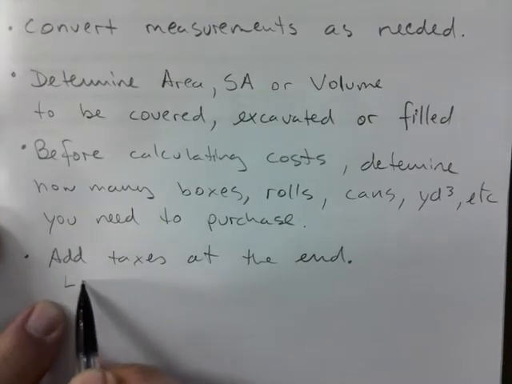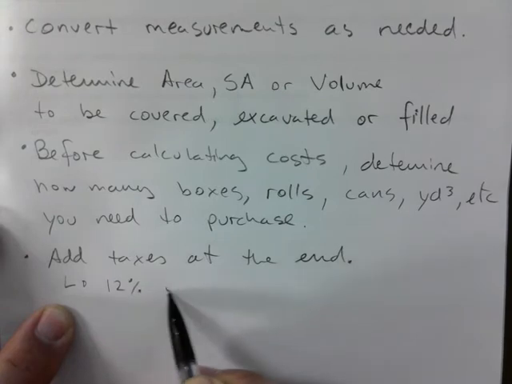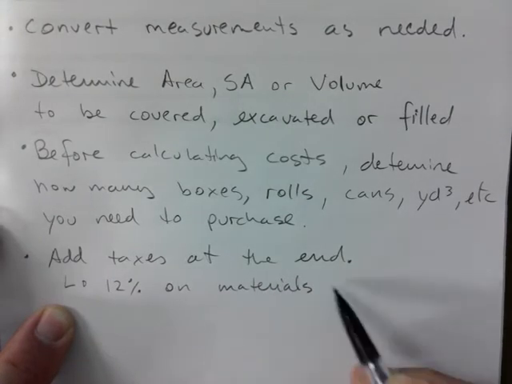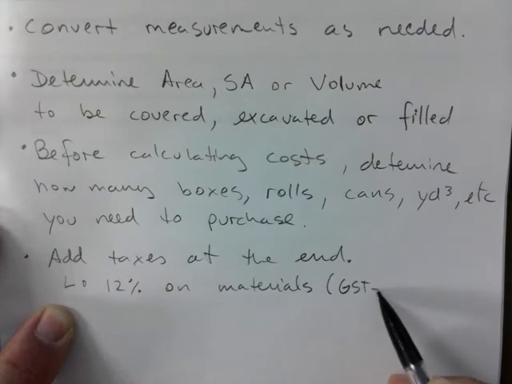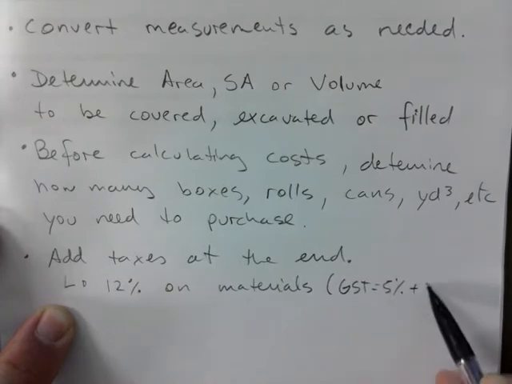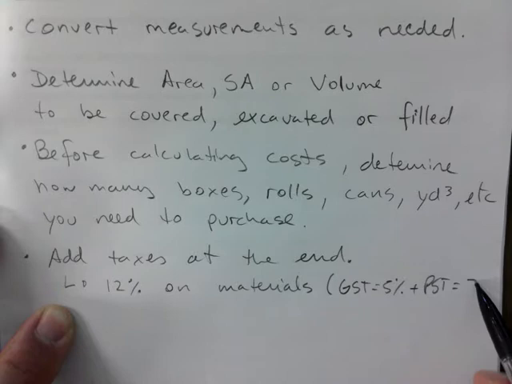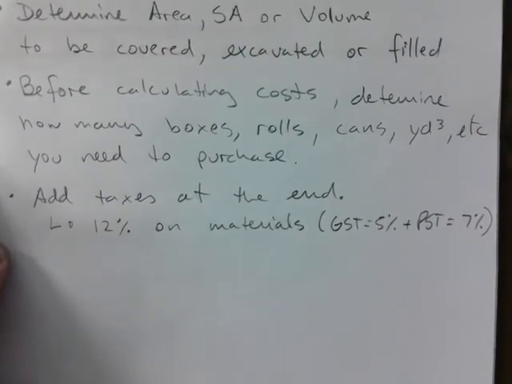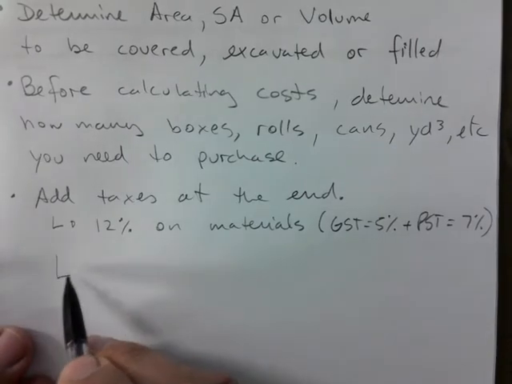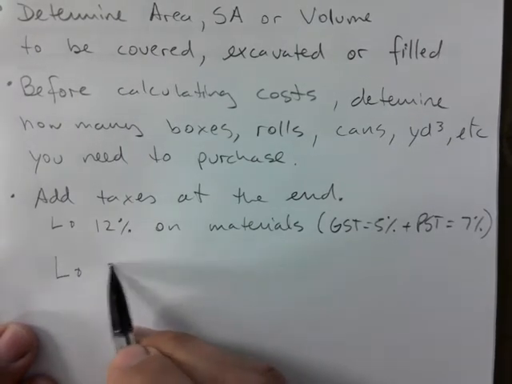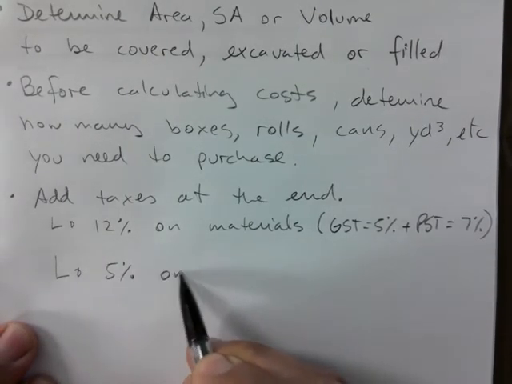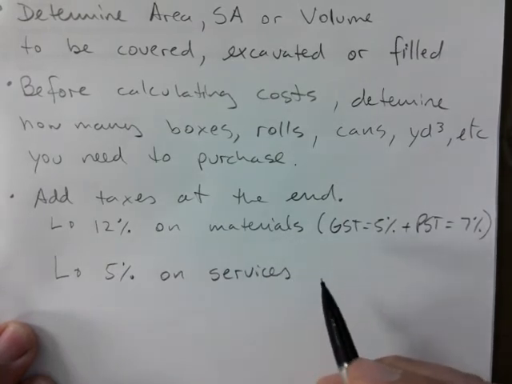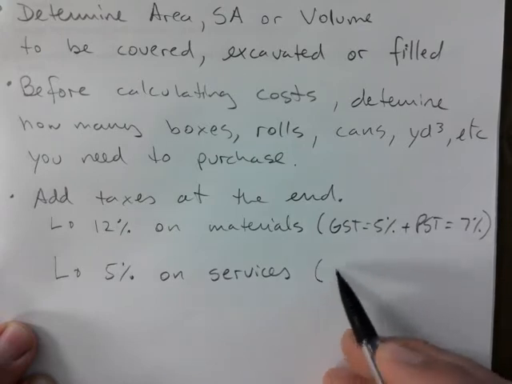I will say this: it's 12% on materials. That's GST at 5% plus PST at 7%. And 5% on services. That's just GST.